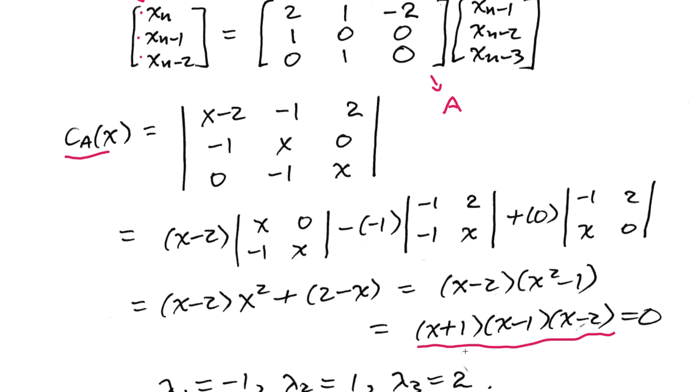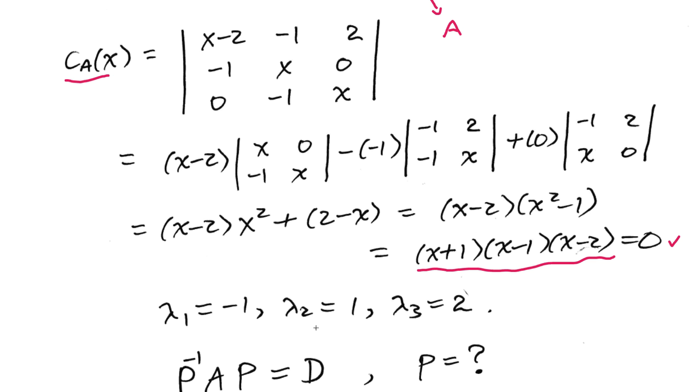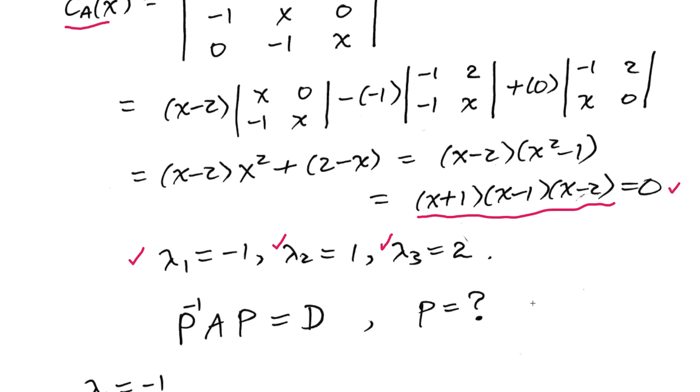It turns out it factors very neatly: x plus 1 times x minus 1 times x minus 2, set to 0. Then I've got the following 3 eigenvalues: lambda 1 is negative 1, lambda 2 is 1, lambda 3 is 2. And then I need its diagonal form.